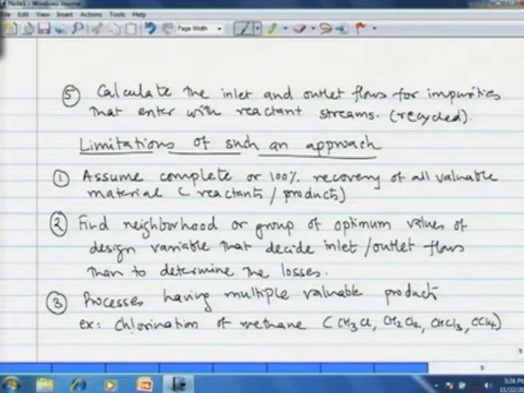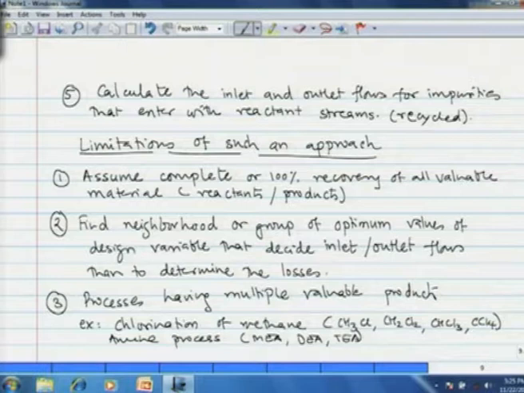Now, in such cases, we have to decide first the product distribution and then start the material balance. Okay. Or another example could be that of amine processes, where monoethylenamine, diethylenamine and triethylenamine are the products.